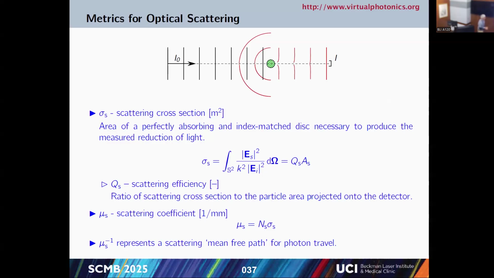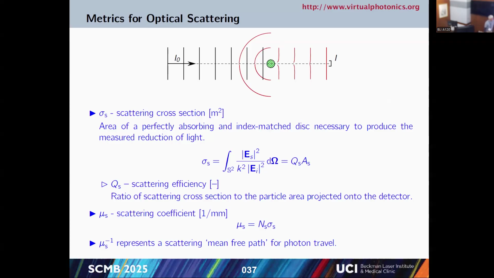And so you have units of area for one particle, but of course, in a tissue, you have many, many particles. So the actual scattering coefficient is the product of the scattering cross-section times the number density of scatterers, the number of particles per unit volume. So you have an area times a volumetric density, and you get units of inverse length.